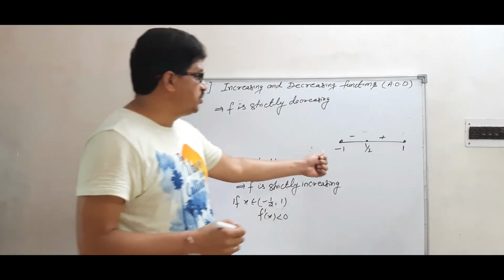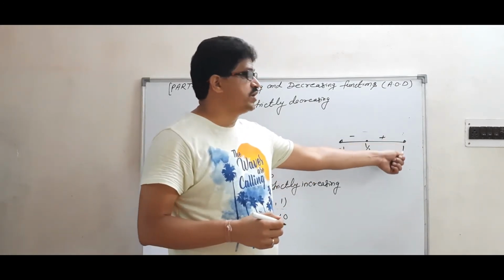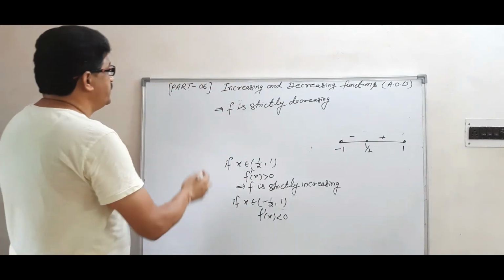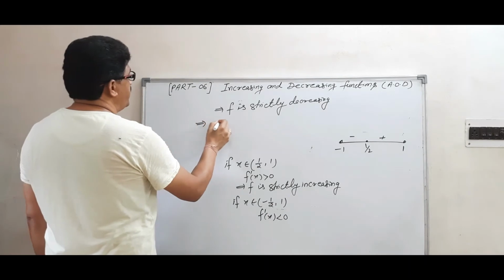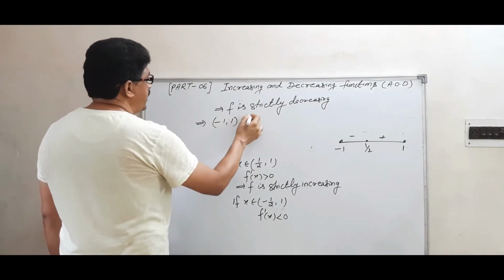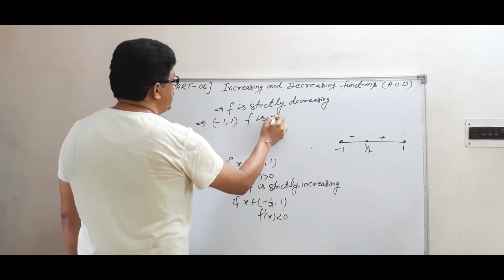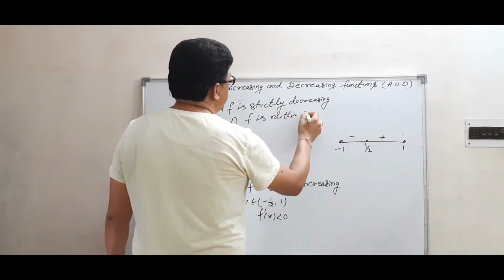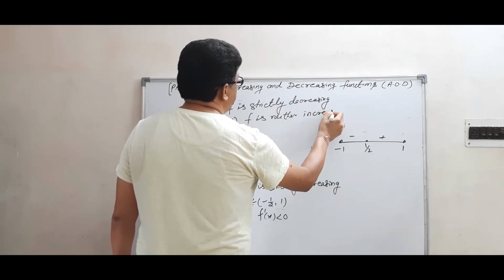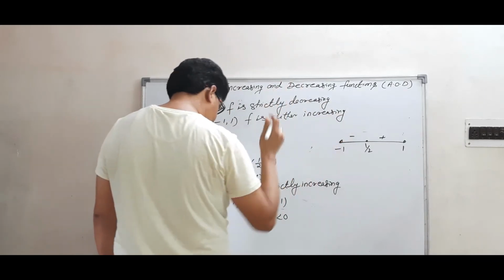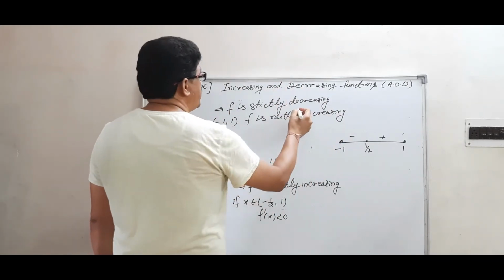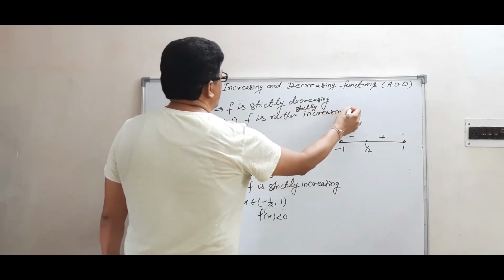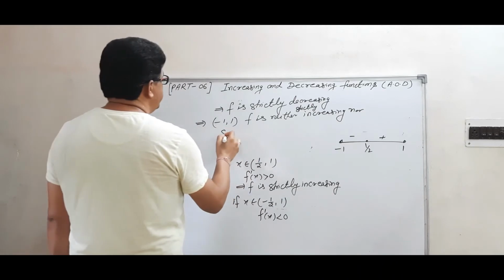So minus 1 to half it is decreasing, half to 1 it is increasing, but in minus 1 to 1, this implies f is neither increasing, neither strictly increasing nor strictly decreasing.